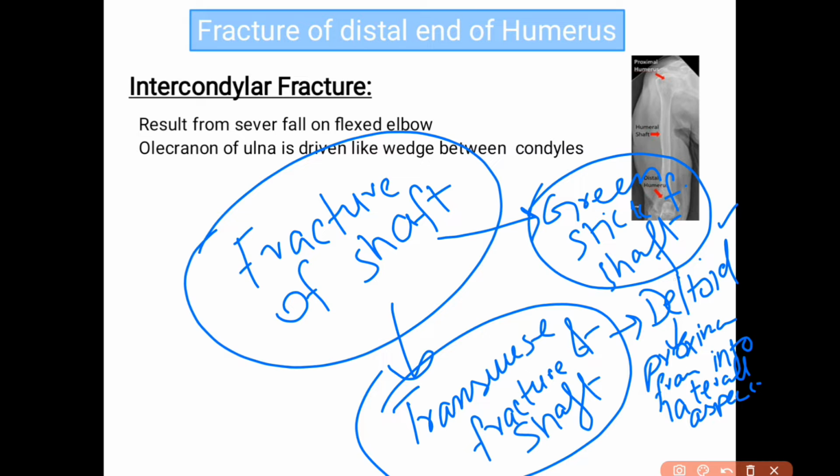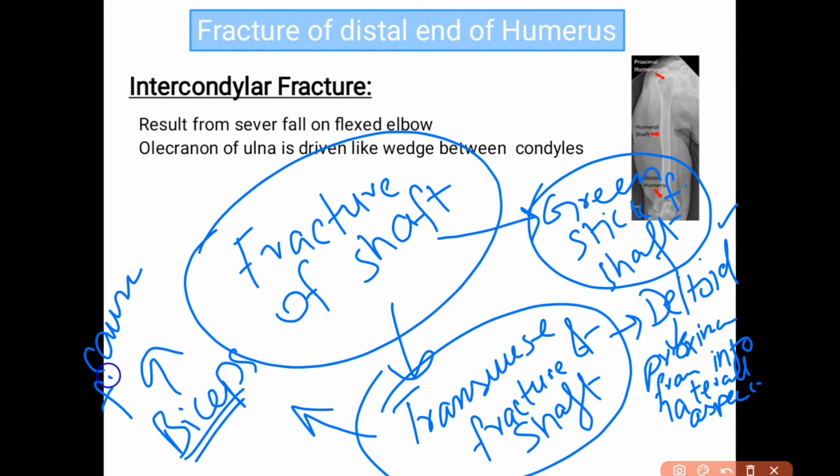The deltoid muscle carries the proximal fragment into lateral rotation, and the pull of biceps brachii can cause foreshortening of the fractured ends. So that was a fracture of the shaft.